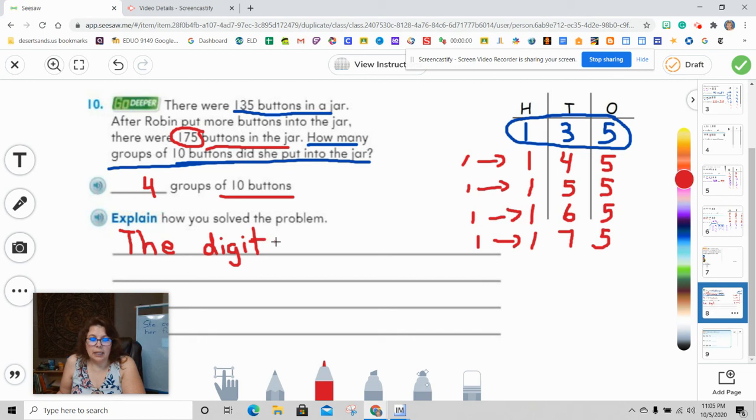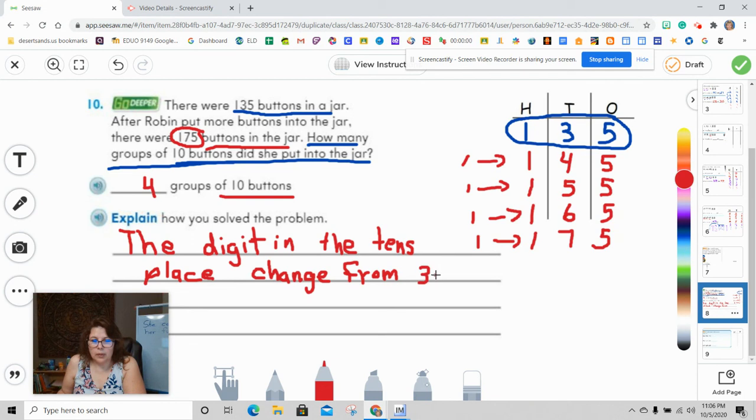The digit in the tens place changed from 3 to 7.